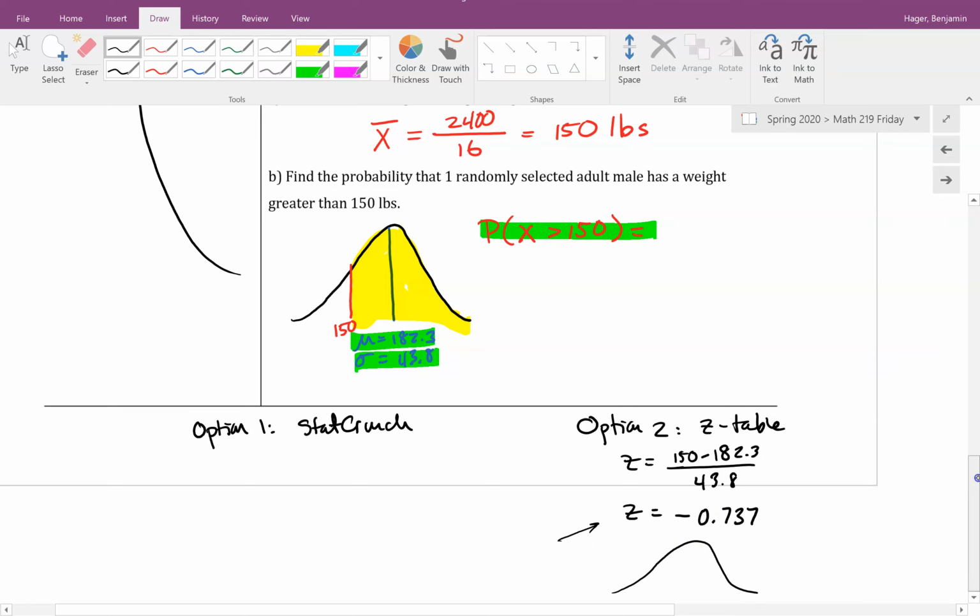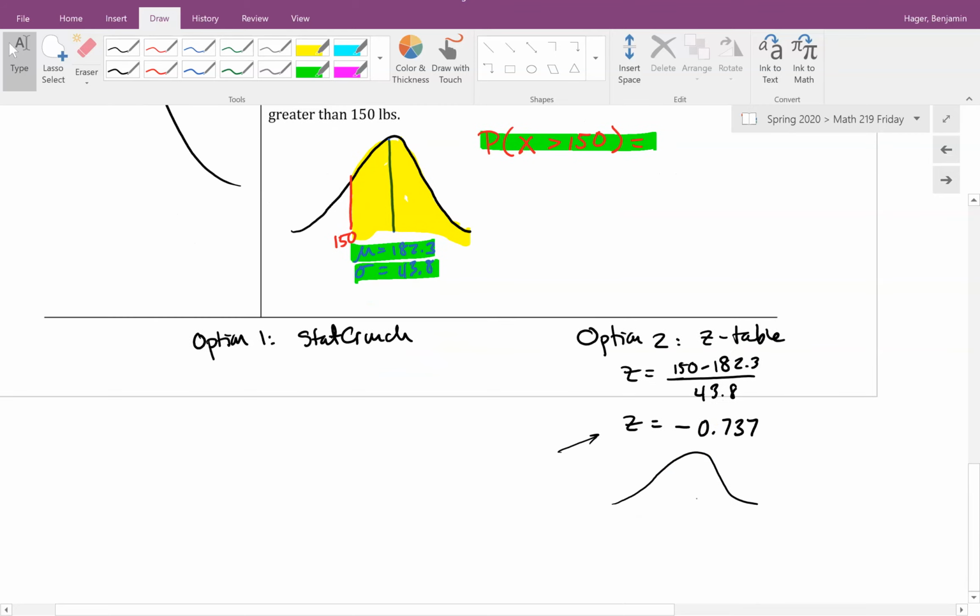Remember, the standard normal curve has a mean of 0 and standard deviation of 1, so that 150 converts into a z-score of about negative 0.74, and I want the probability of getting a z-score bigger than that number. Remember, your z-tables only tell you the left side of the area, so you'd have to find that area on your z-table and subtract it from 1 to get this answer.